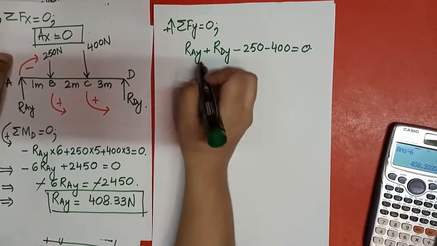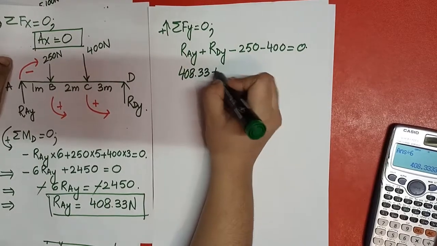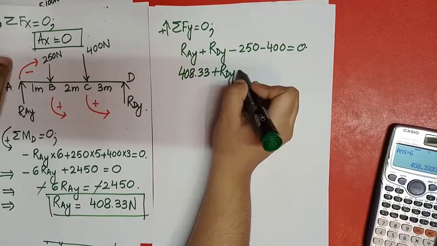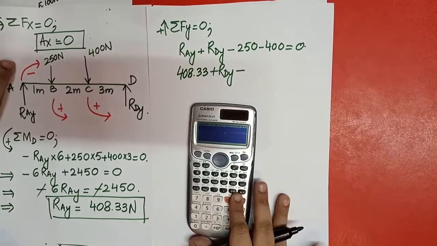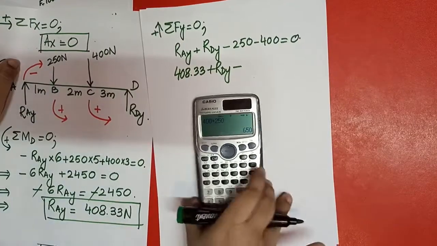So I have already calculated RAY. So it is 408.33 plus RDY. We have to find it out. And this is equal to 400 plus 250. So the answer is 650.